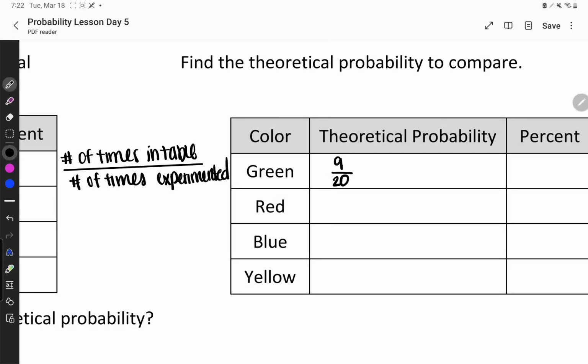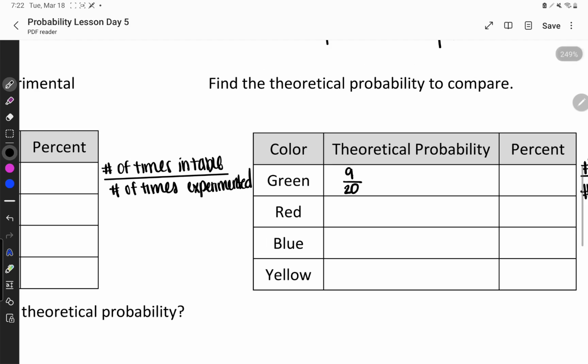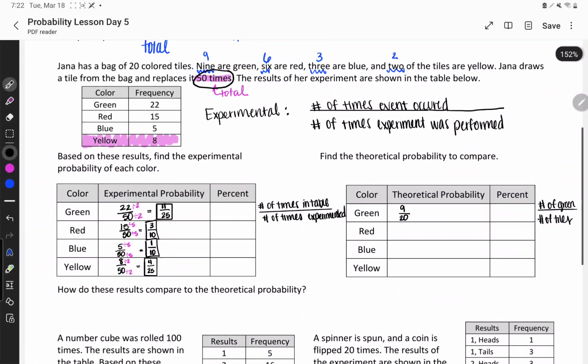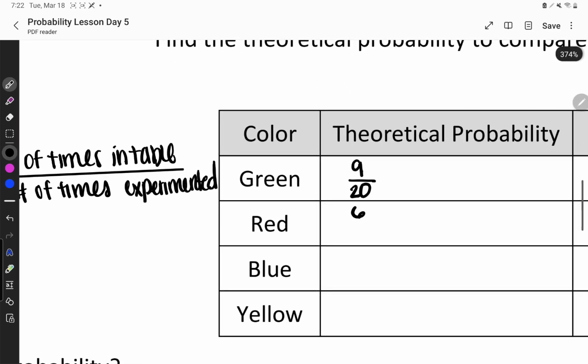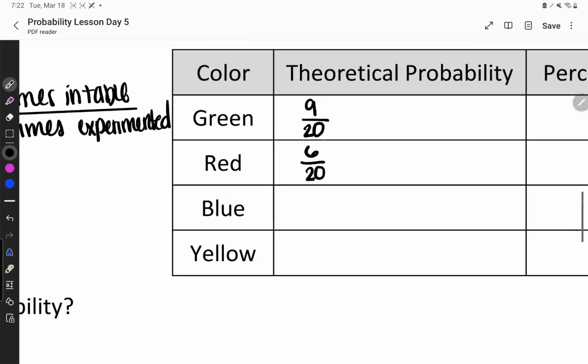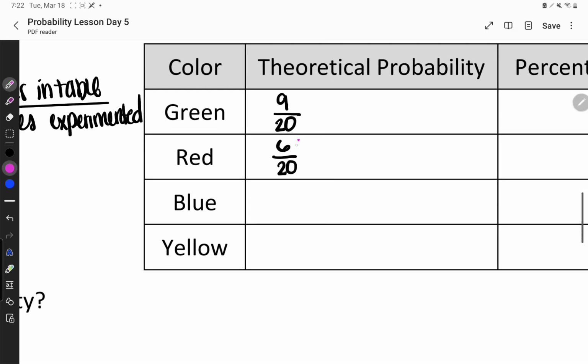So 9 out of 20 of the tiles are green, which means there's a 9 out of 20 chance that we'll pull a green. For the red tiles, 6 of the tiles are red, and there are 20 total tiles. So I would have 6 over 20. 6 and 20 are both even numbers, so I would divide those both by 2. 6 divided by 2 is 3, and 20 divided by 2 is 10.